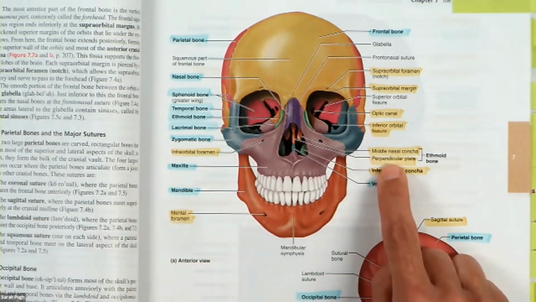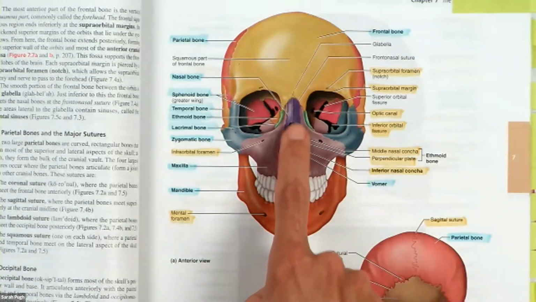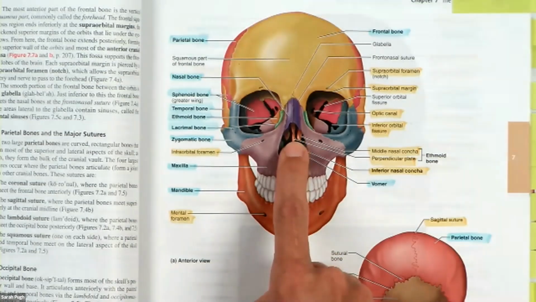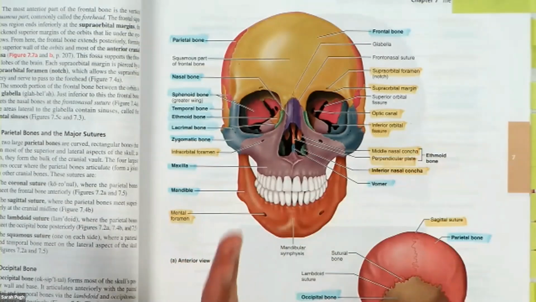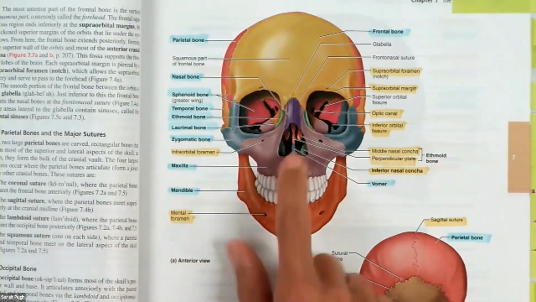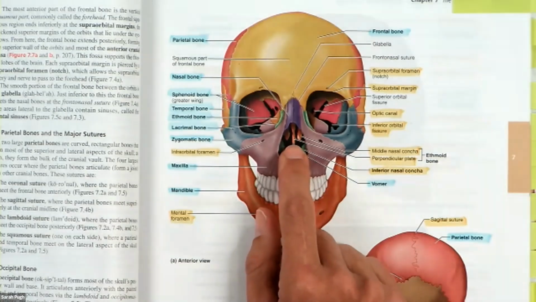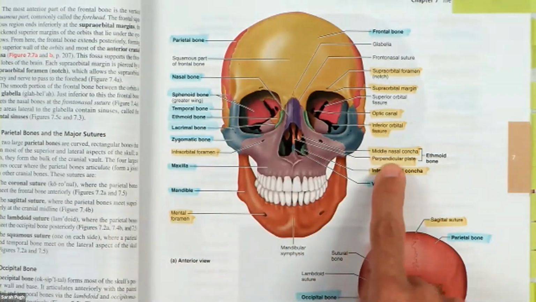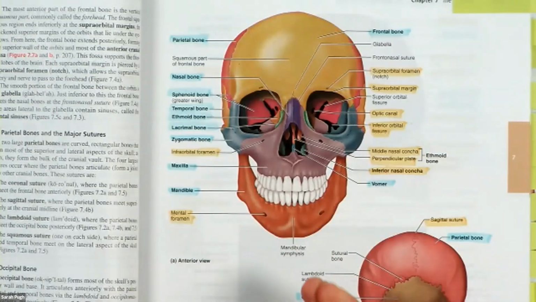And then this structure called the perpendicular plate, it's right down the middle. So this is sort of like a separation between the right and left side of the nasal cavity. Now you may have heard of people having a deviated septum. So the septum is not the same thing as the perpendicular plate. The septum is actually soft tissue.